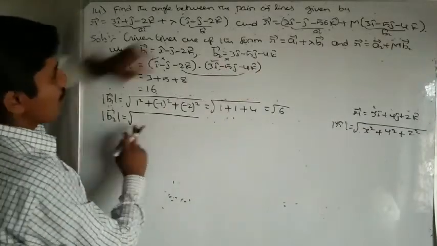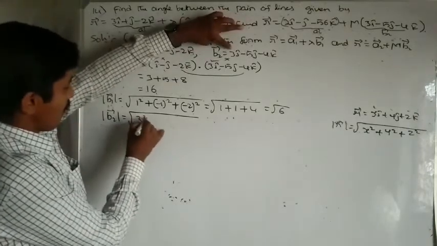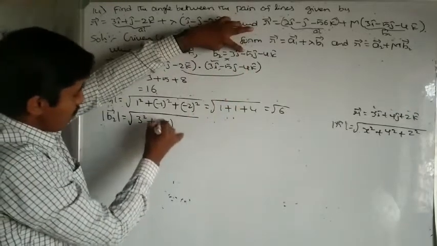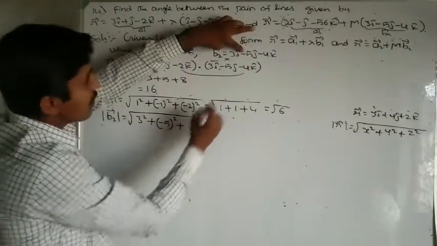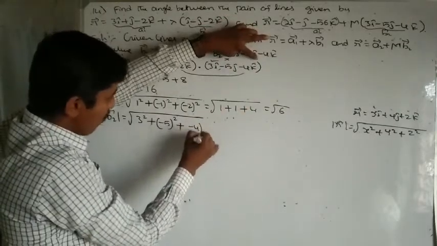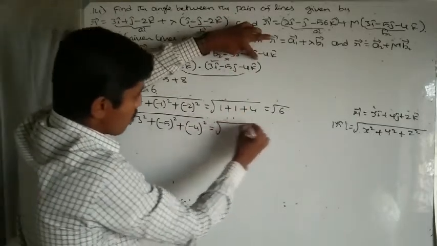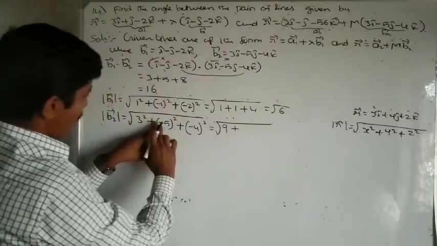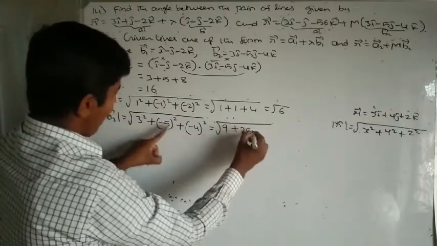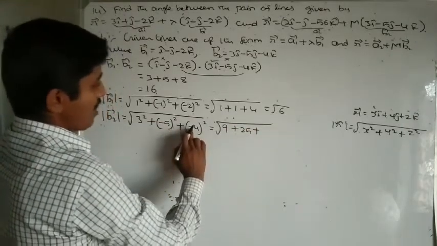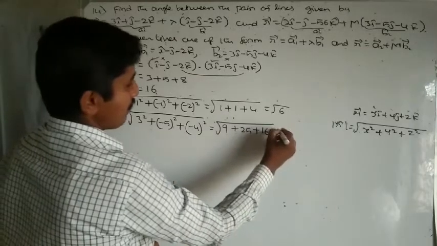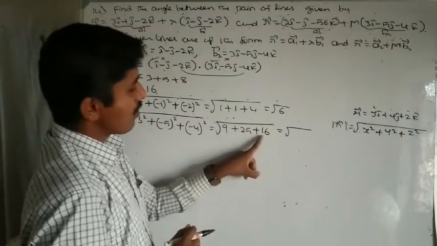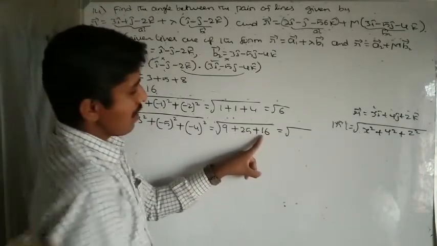It is the square root of the i coefficient 3 squared, plus the j coefficient minus 5 squared, plus the k coefficient minus 4 squared, which equals the square root of 9 plus 25 plus 16. 9 plus 25 is 34, and 34 plus 16 is 50.